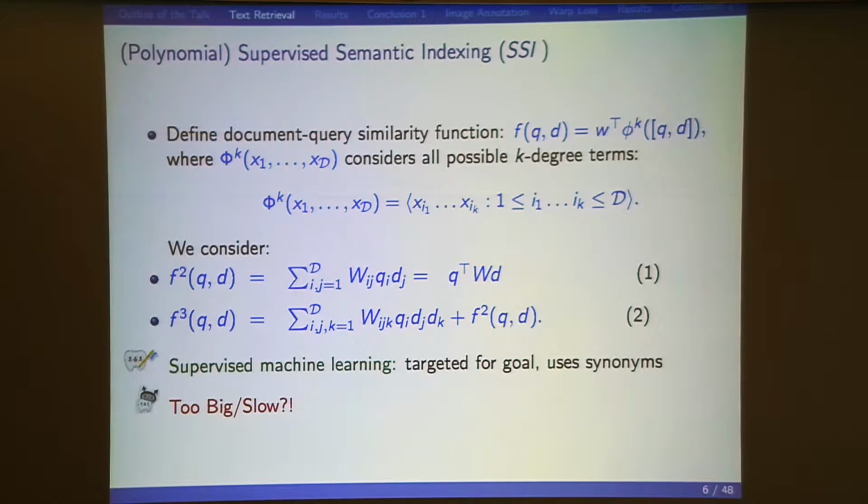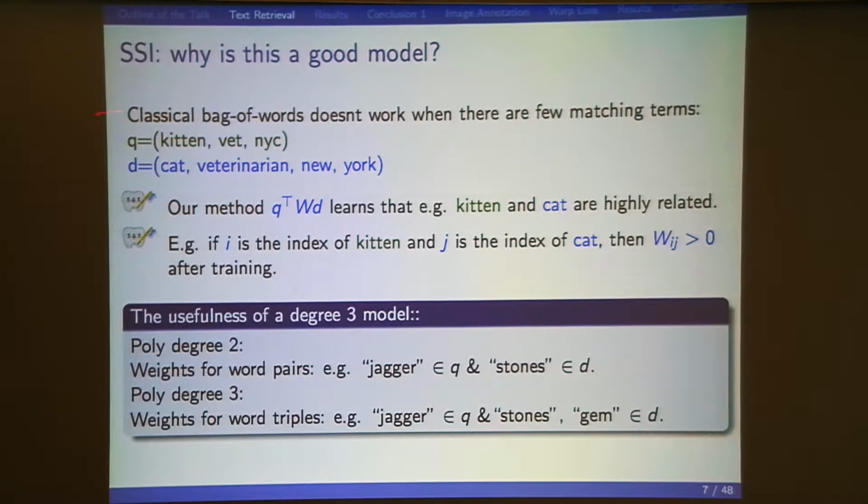So this is basically like the full rank version of LSI, right? With this example with kitten vet NYC, what you'd want to learn is that the ij component in W for kitten and cat would probably be something positive, so you get a matching score there.